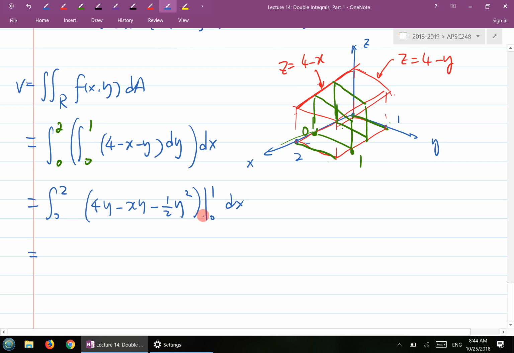So plugging y between 0 and 1 here, you get 4 minus x minus 1/2, dx. And this is a single integral, very simple. You get a number, 5. That's the volume between the top and the bottom region. So is that good? Yeah. Okay, so this one is simple, right?